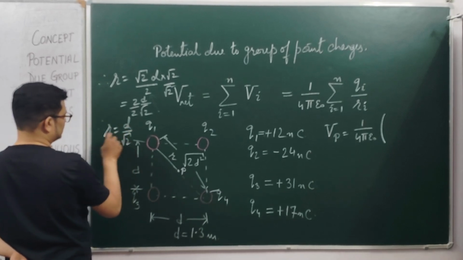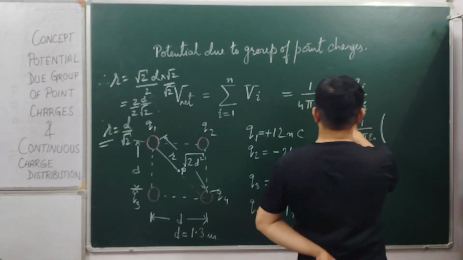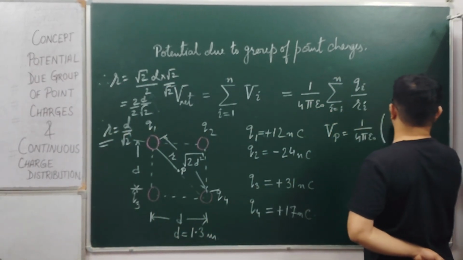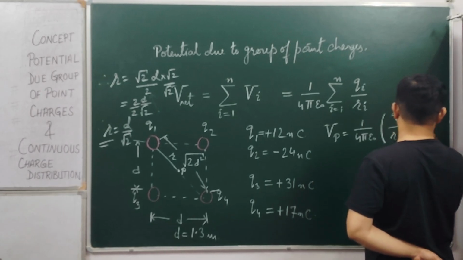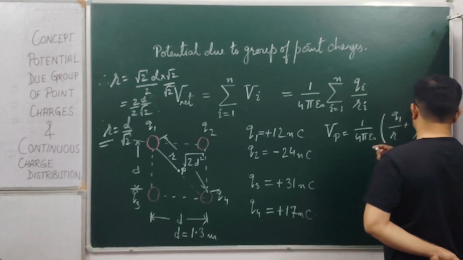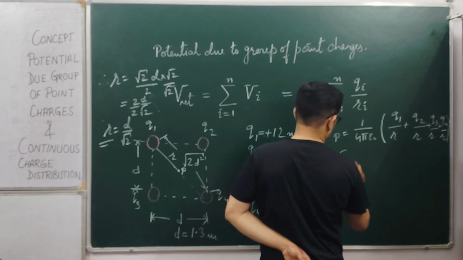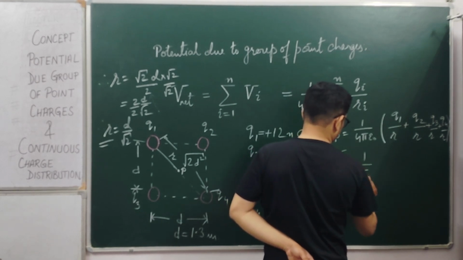We'll be using this R in the equation. If you apply the superposition principle, it will be Q1 by R plus Q2 by R plus Q3 by R, and the last one is Q4 by R. We take R common, so VP is going to be equal to 1 over 4 pi epsilon naught.